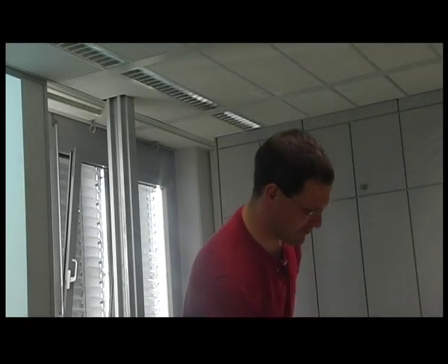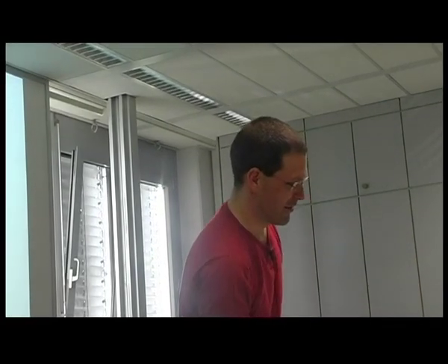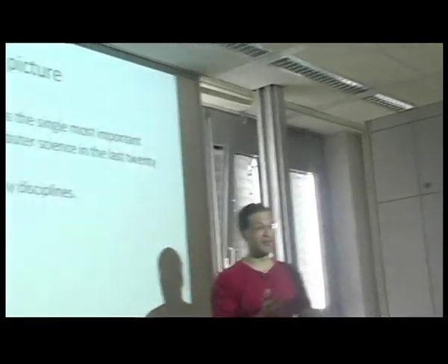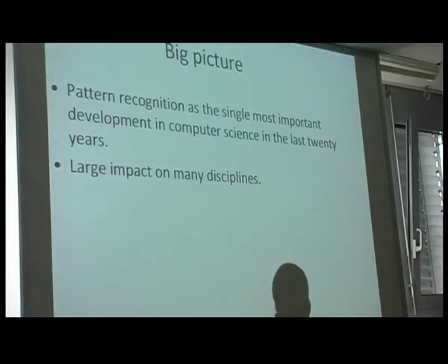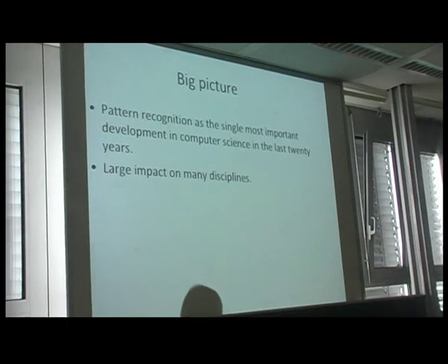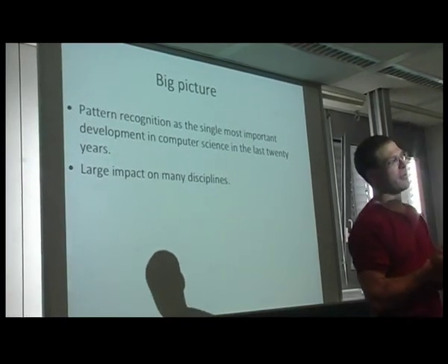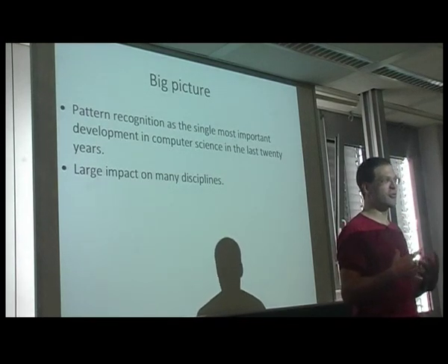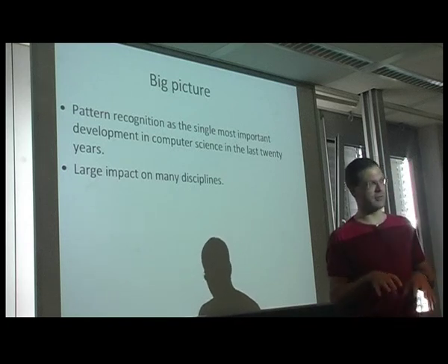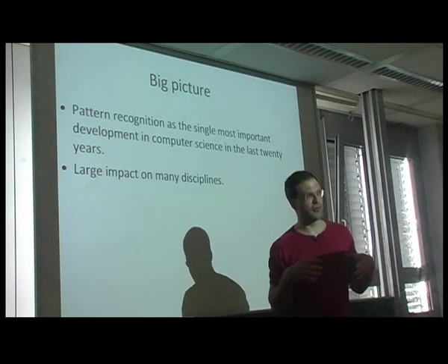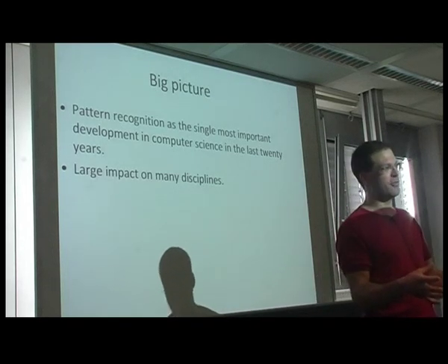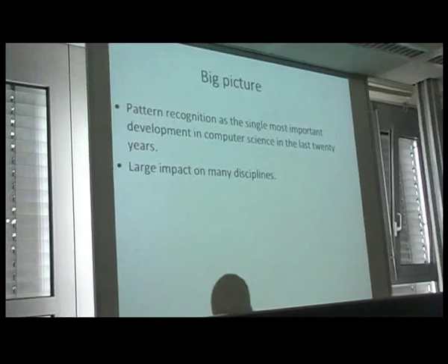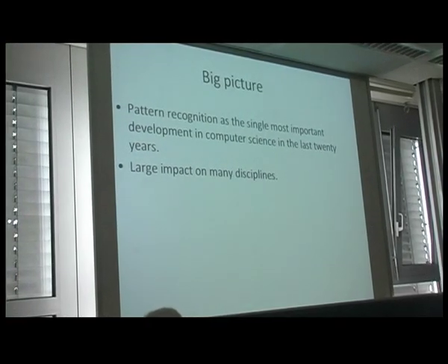So the big picture then, to summarize, is that pattern recognition is, I think, the single most important development that has taken place in computer science in the last 2 decades. Because if you want to teach a computer something nowadays, you don't try to extract the rules that a human would use to make a distinction and then program these rules explicitly into the computer, but you provide the computer with some historical training data and you let the computer itself infer the rules, and if the computer is successful, it's going to be able to make correct predictions on further examples.